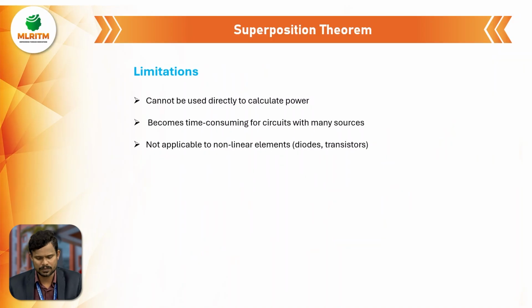So we have some limitations for the superposition theorem. We cannot directly calculate the power value by using the superposition theorem. This theorem is not applicable for power calculations. We can calculate the voltage and current, but we cannot calculate the power. Also, this theorem is not applicable for non-linear elements like diodes, transistors or semiconductor devices.